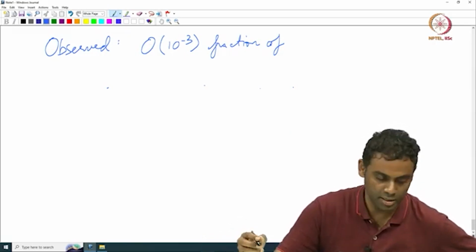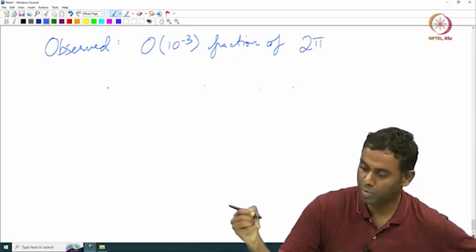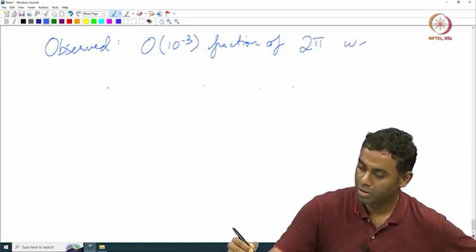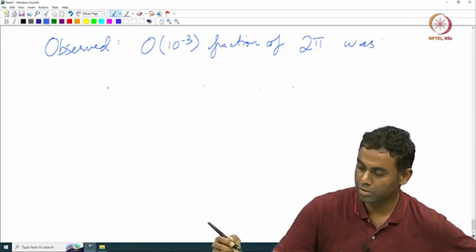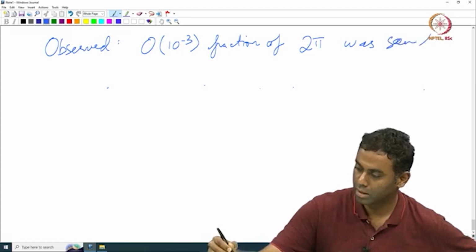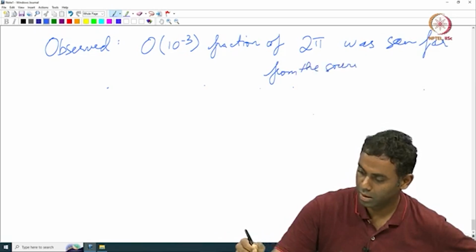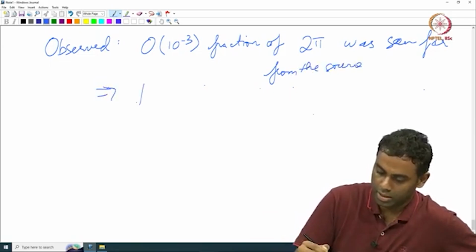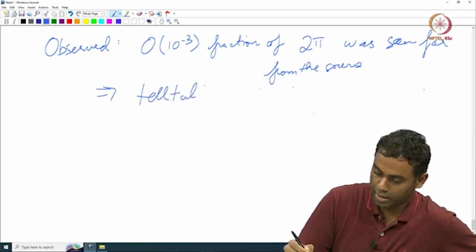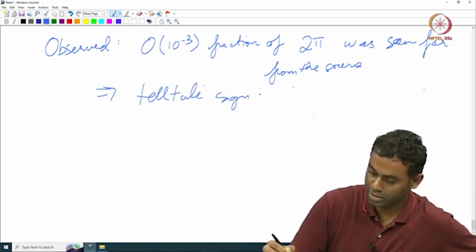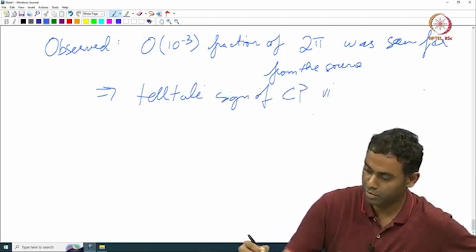An order 10 power minus 3 fraction of 2 pions was seen far from the source, and that is a telltale sign of CP violation.